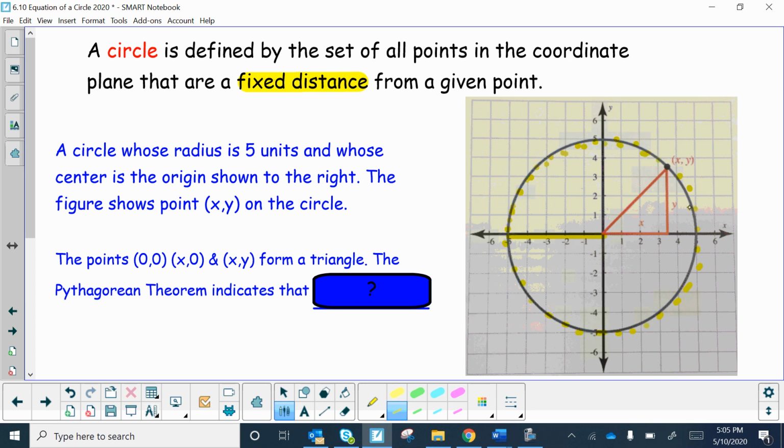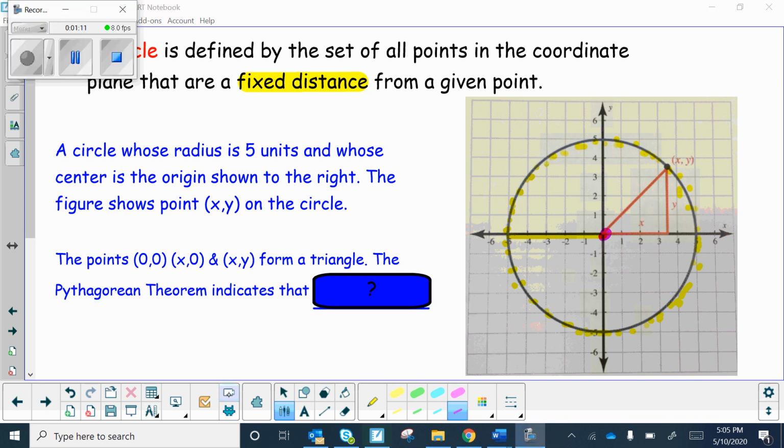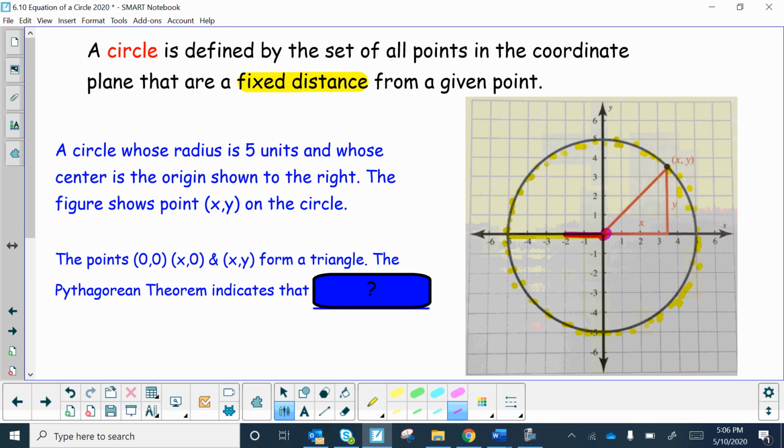So there's infinitely many points going around this circle, all a fixed distance from a given point, which is this point at the center. The circle, in this case, has a radius of 5. From the center to the end, that's 5 units. From here to here, it's 5. Anywhere you draw a radius, it's going to be 5 units away.